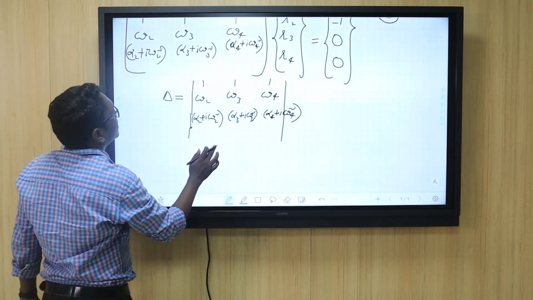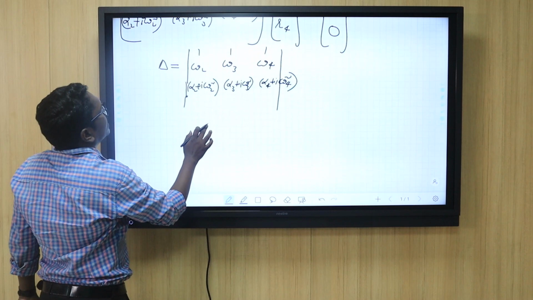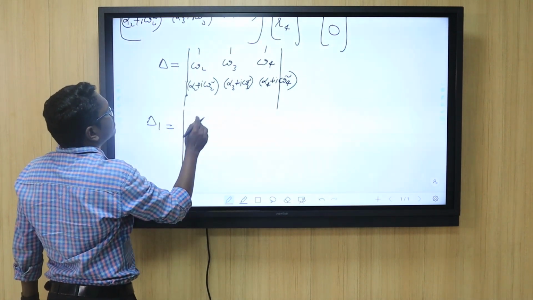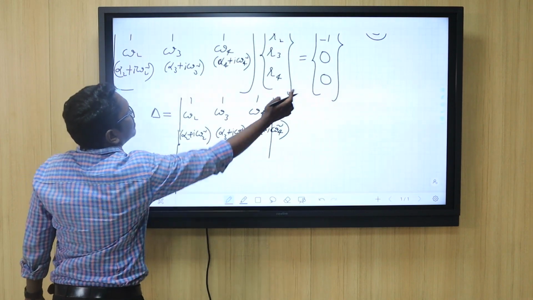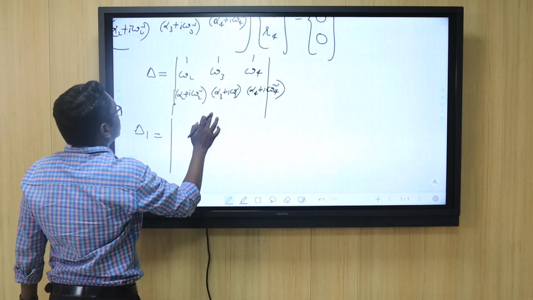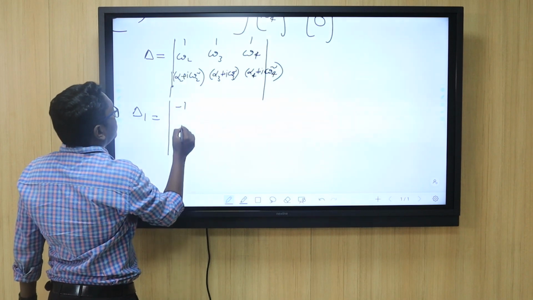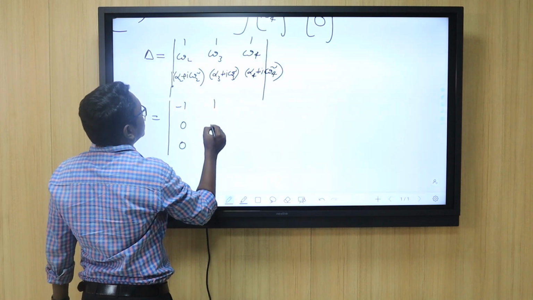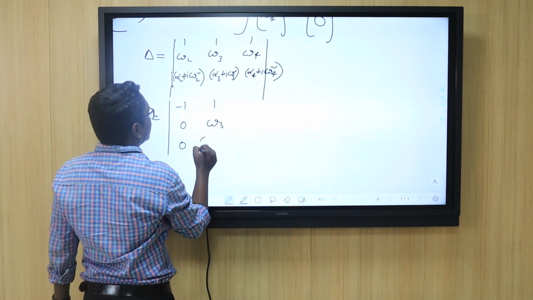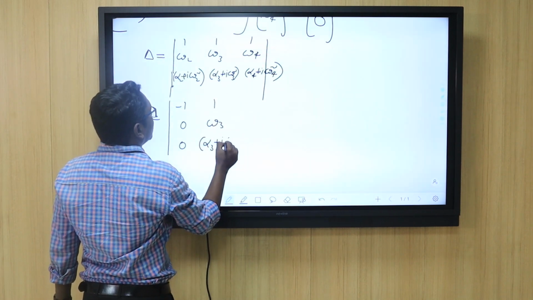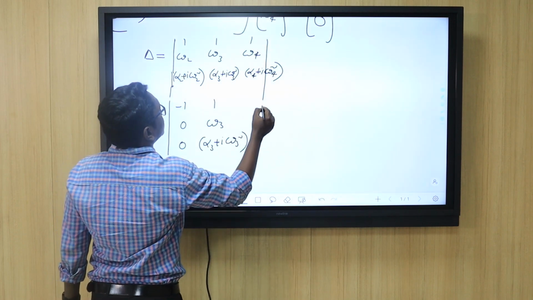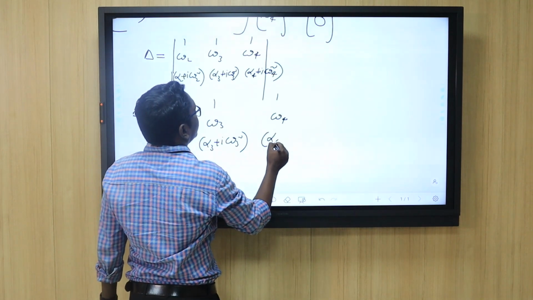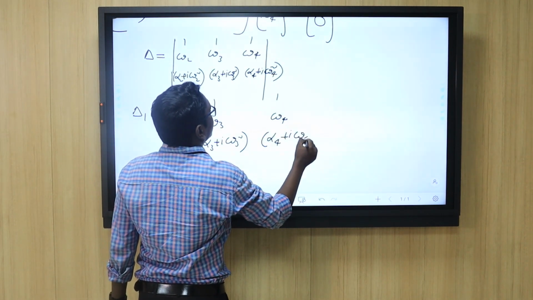Likewise we have to write delta 1, that is equal to, from here, -1 0 0 as the first column, and the remaining two columns are the same: 1, omega 3, alpha 3 plus i omega 3 square; next 1, omega 4, alpha 4 plus i omega 4 square.